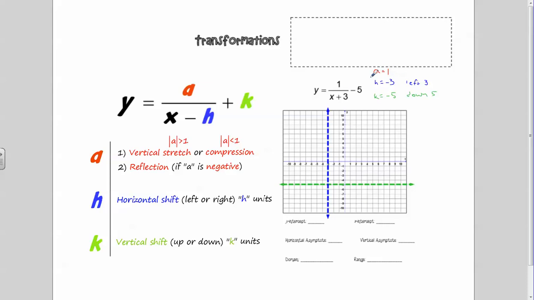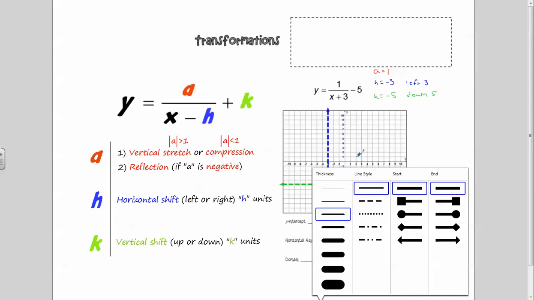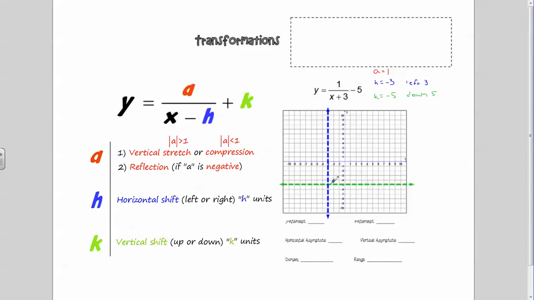And then the stretch or compression will determine the shape of the graph. So here we don't have a stretch or compression, so we'll have the same shape that we had with our parent function. So we can go over 1, up 1, put a point there. We can go over 1/2, up 2, over 2, up 1/2. You can keep going, plotting points if you'd like. Here on the other side, we'll have negative 1, negative 1, negative 2, negative 1/2, negative 1/2, negative 2.